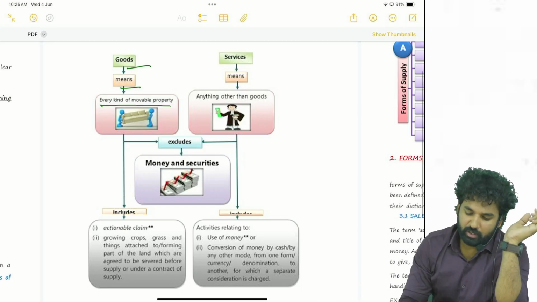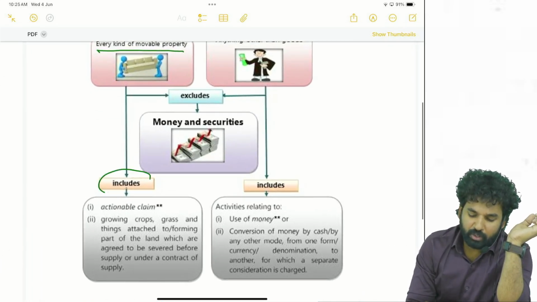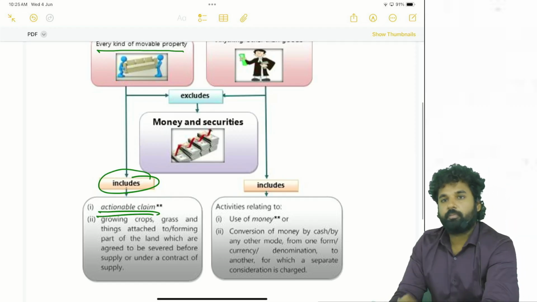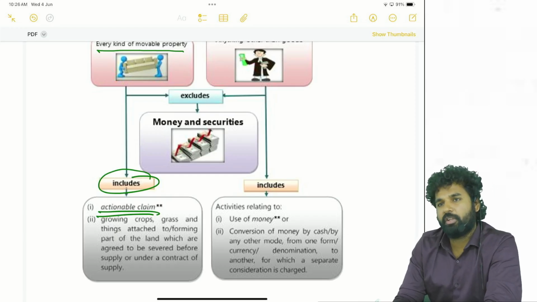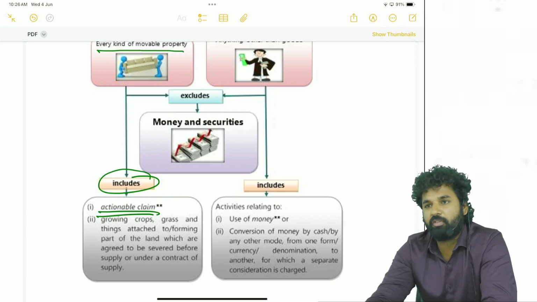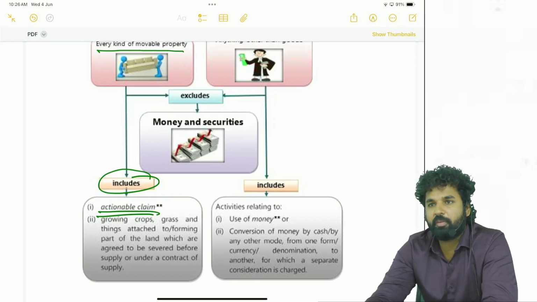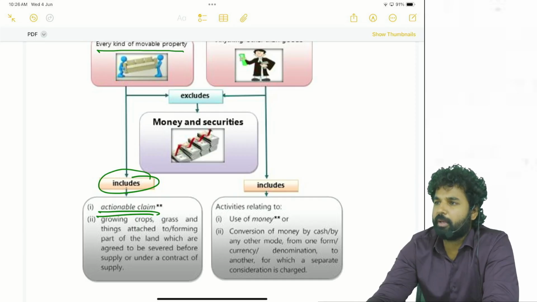Right. So here goods includes actionable claims. Actionable claims, you know, a promissory note: somebody promised you to pay 1 lakh rupees after 3 months, they have taken that 1 lakh rupees from you and have given a promissory note. After 3 months you can claim that 1 lakh rupees along with interest. That is an actionable claim.